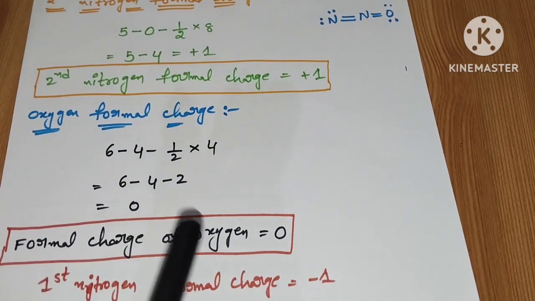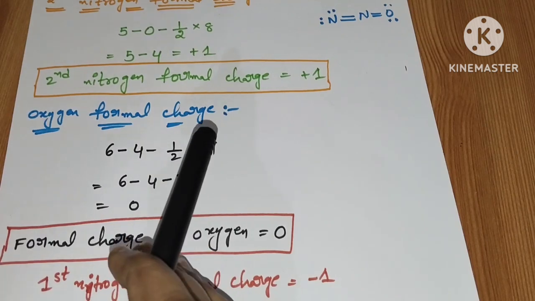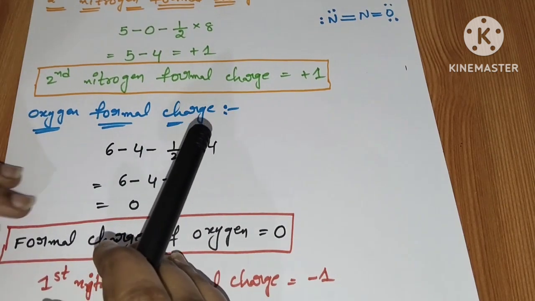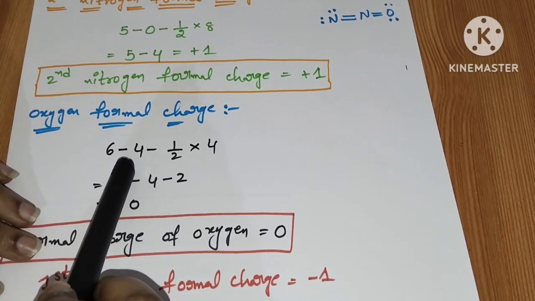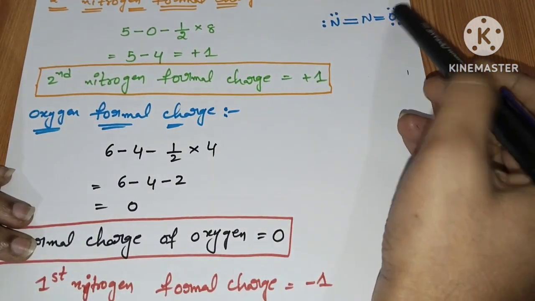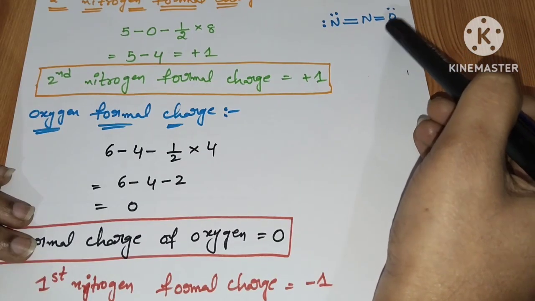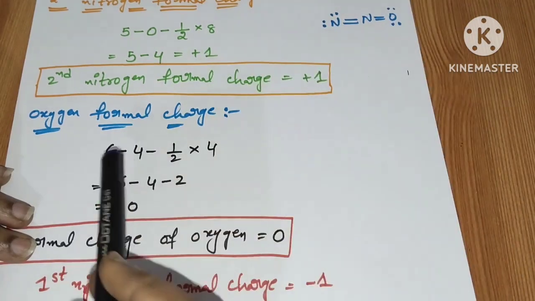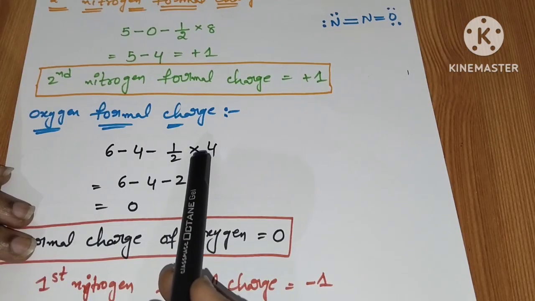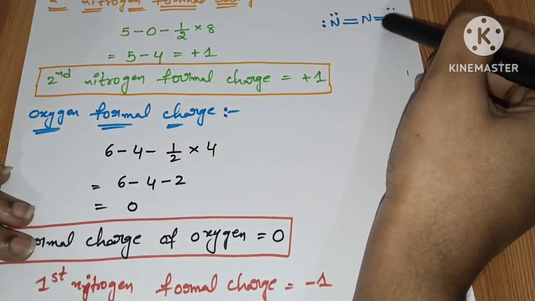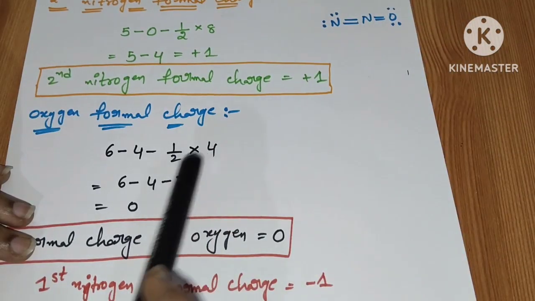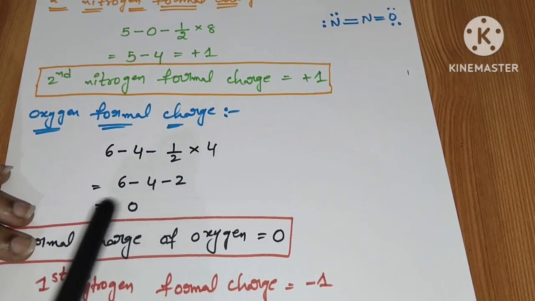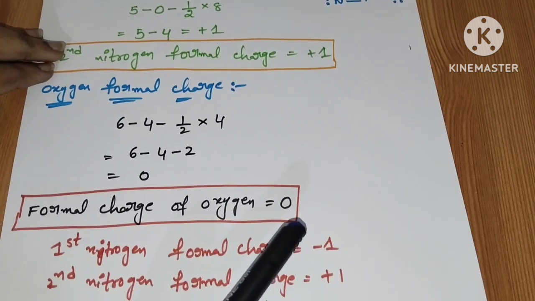Next, we will calculate the oxygen formal charge. We all know how many valence electrons are present in this oxygen: 6. Minus how many lone electrons are present in this oxygen? 1, 2, 3, 4. 4 minus half times how many bonded electrons are present in this oxygen? 1, 2, 3, 4. 6 minus 6 equals 0.